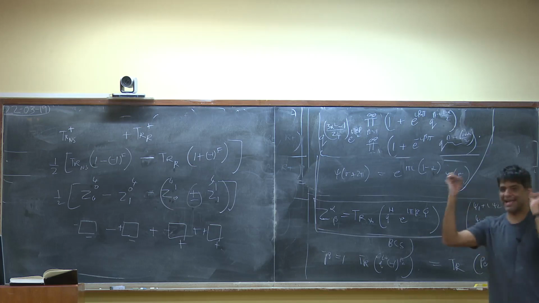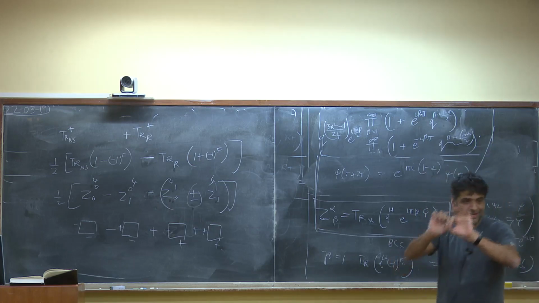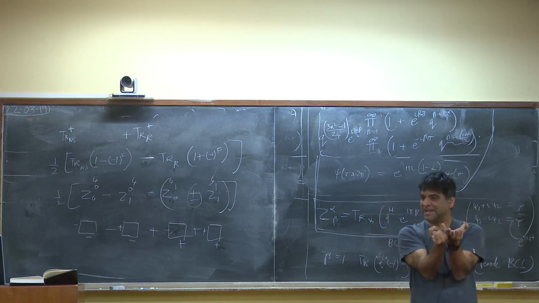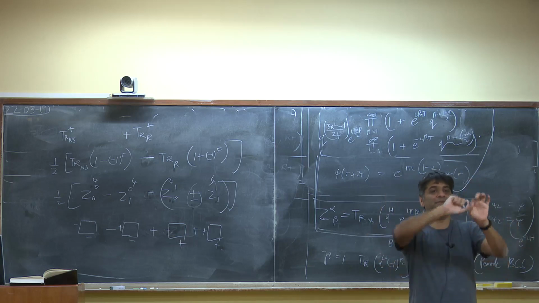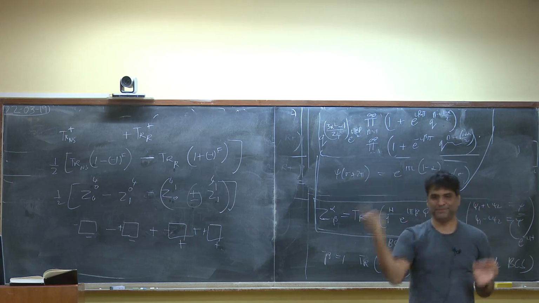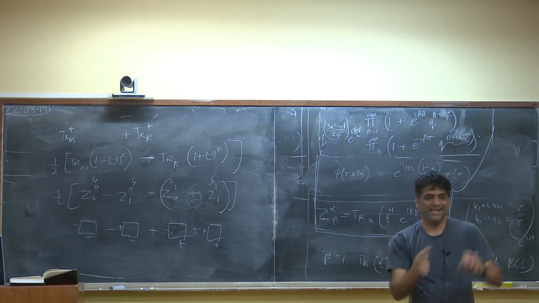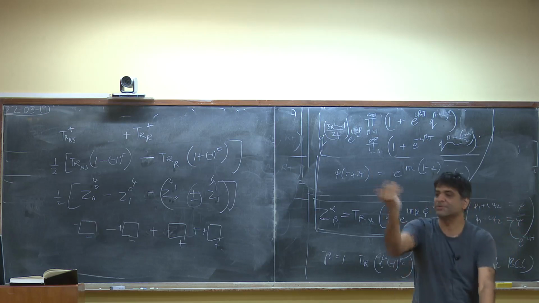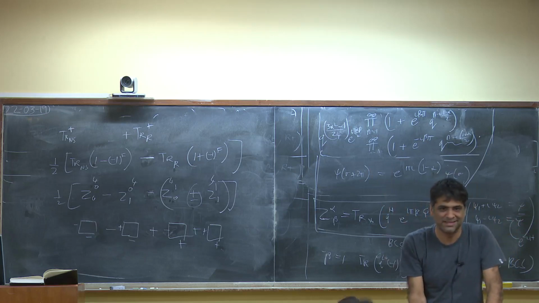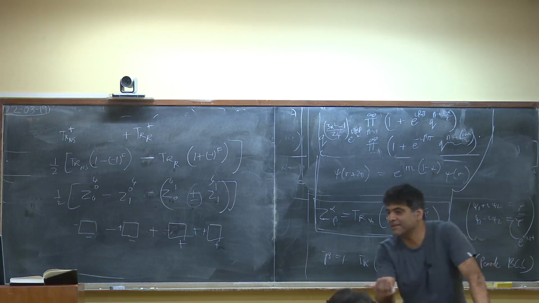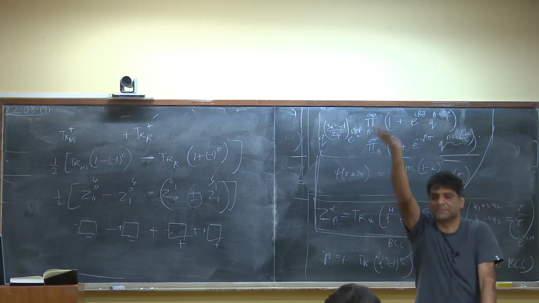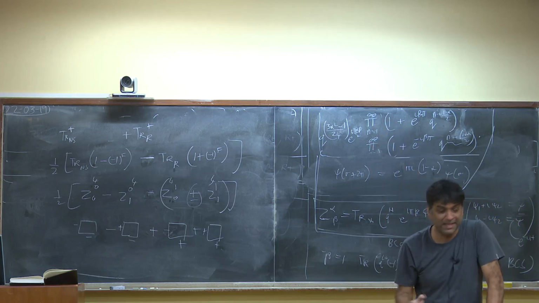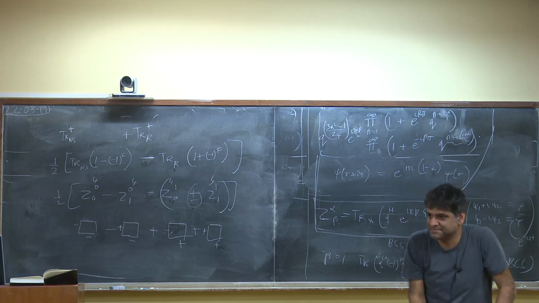So, the torus diagram, when we understand what it is in space-time, if you have fermions running in the loop, it's a contribution to the Feynman graph with an extra -1. In terms of determinants, it's simply the fact that the fermionic determinant comes upstairs in space-time, whereas the bosonic determinant goes downstairs.